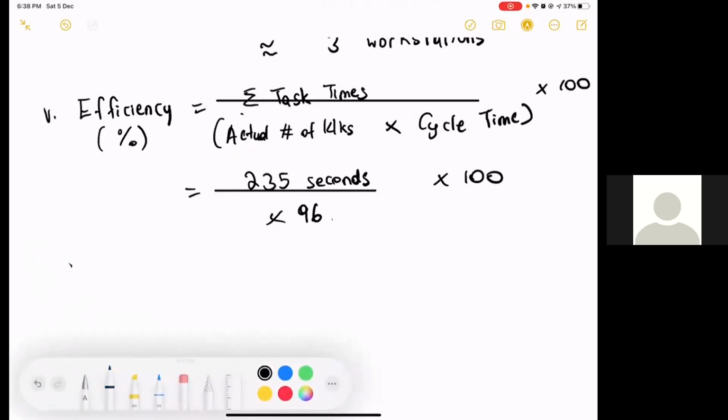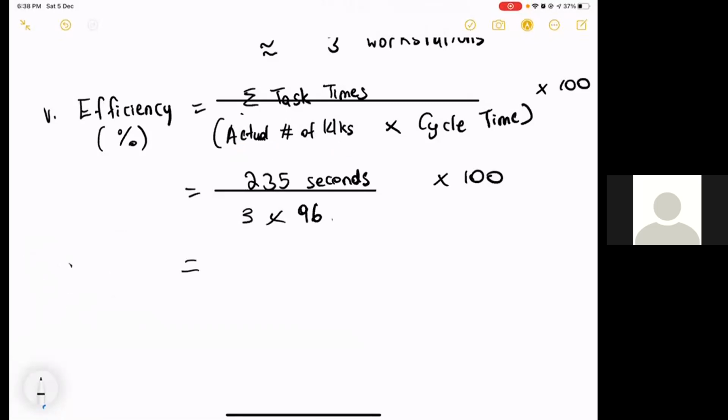So this is back to 3, because that's the amount that we use. And when we calculated that, we would have gotten 81.60%. Pretty efficient system for the most part. 81.6, that's pretty good, I guess.